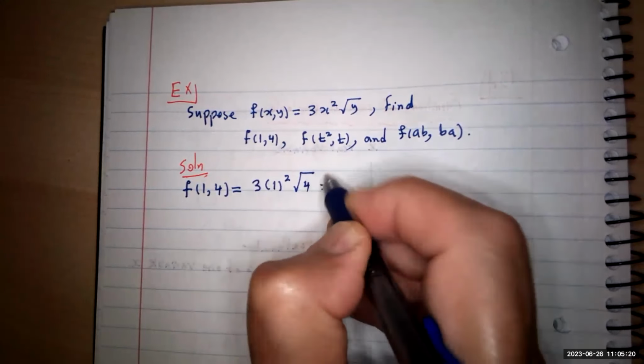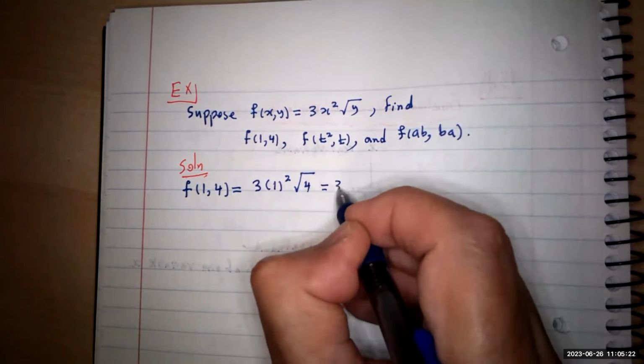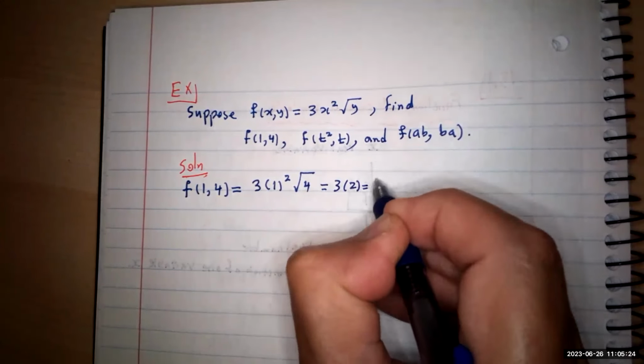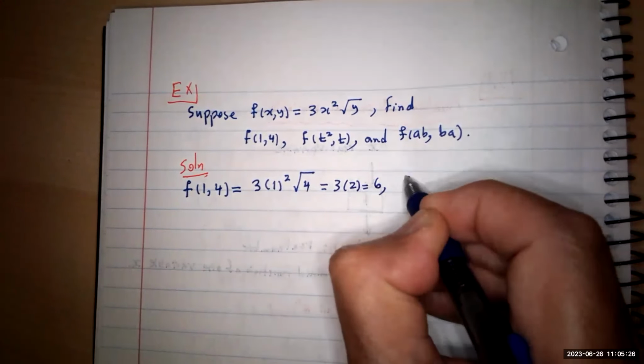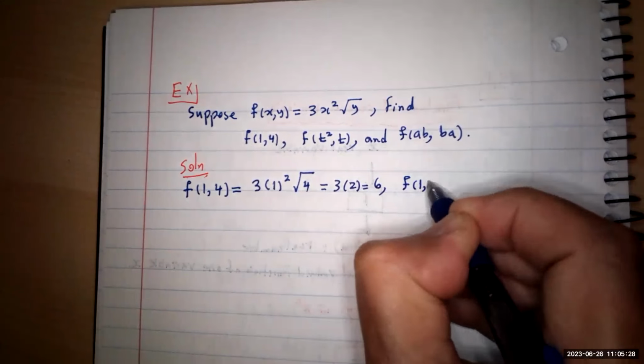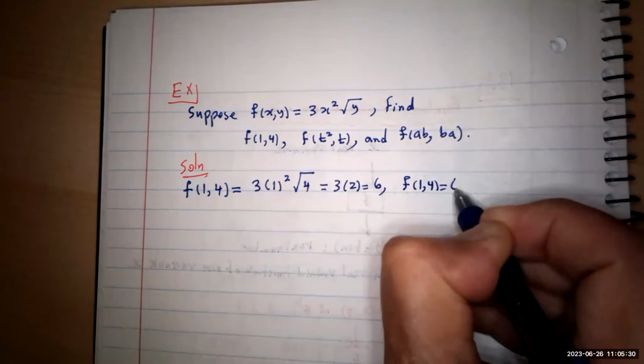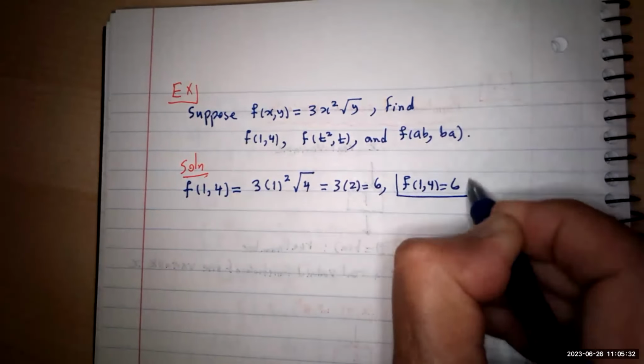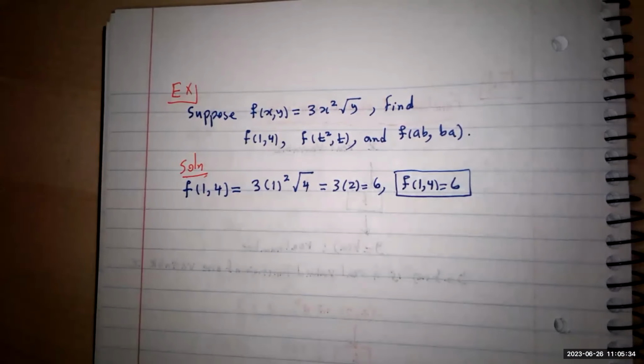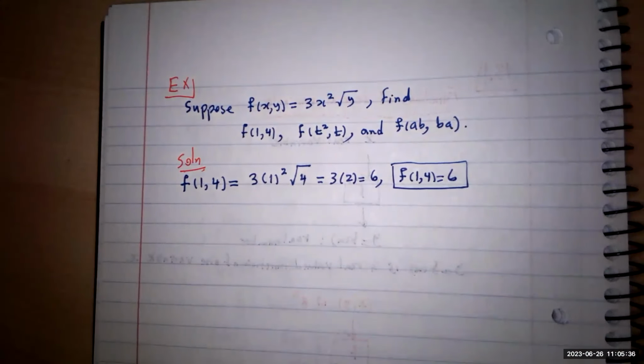The square root of 4 is 2, so that gives you 3 times 2, which is equal to 6. So we say that the value of the function at 1 and 4 is simply equal to 6, and we're done. You connect the point 1, 4 to the number 6. Any question?